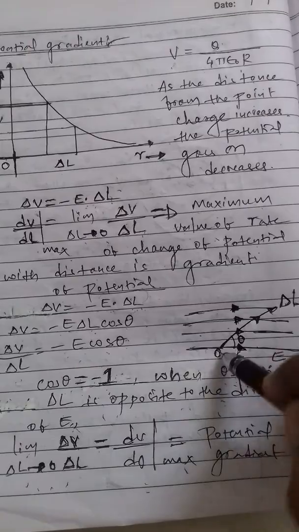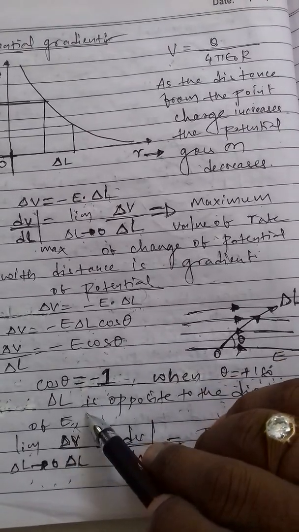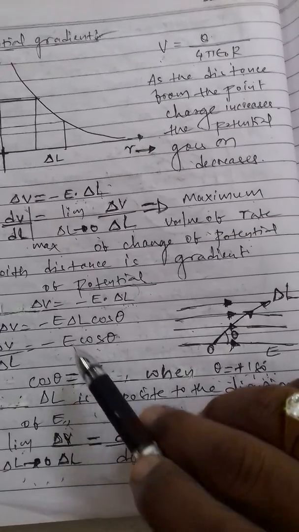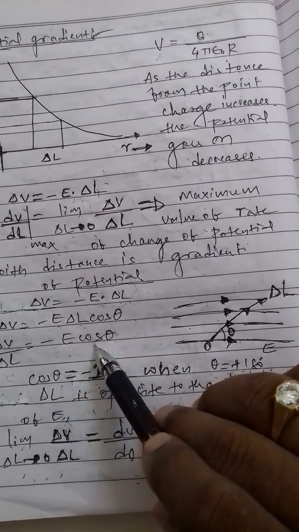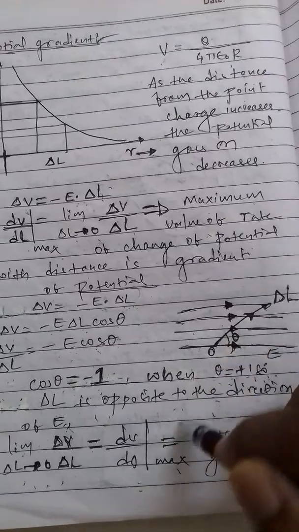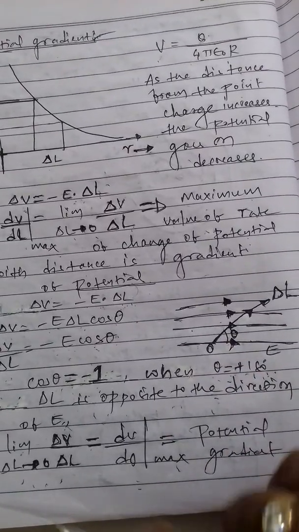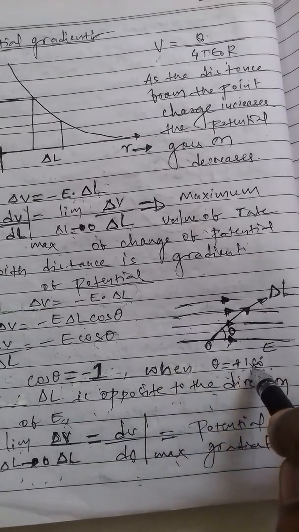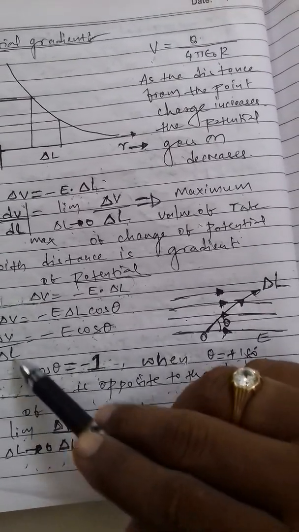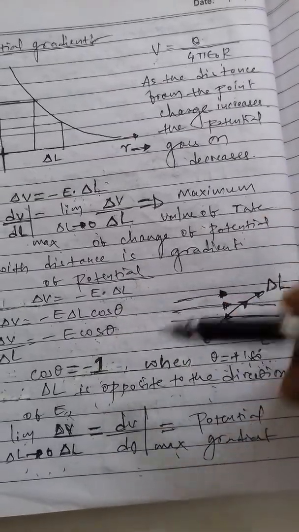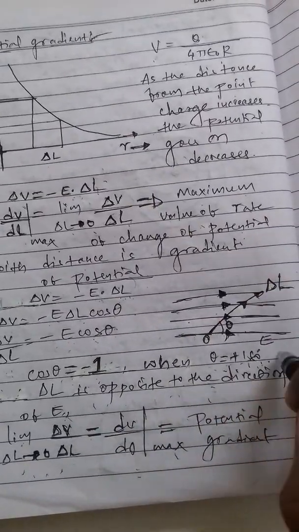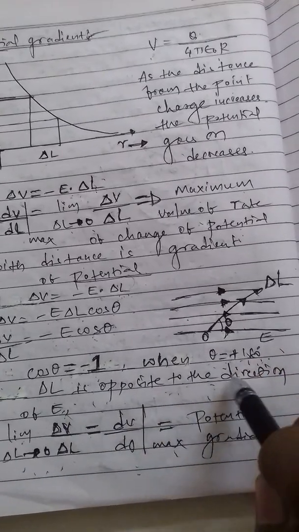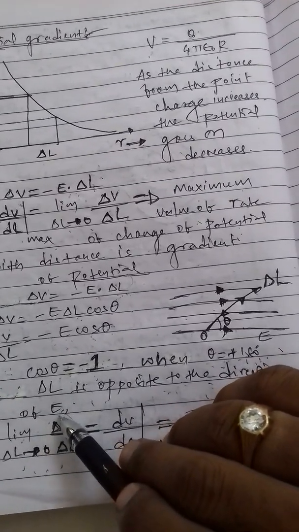Because if delta L is opposite to the direction of the electric field, it is equal to positive. But if the distance tends to 0, cos theta is equal to minus 1 and theta is equal to plus 180 degrees, that is delta V by delta L is equal to plus E, that is the electric field. And this delta L is opposite to the direction of the electric field.